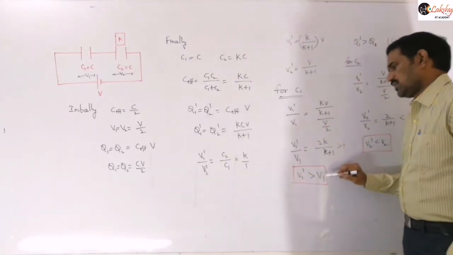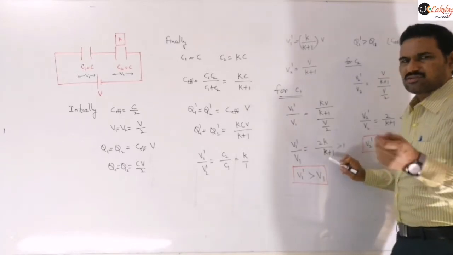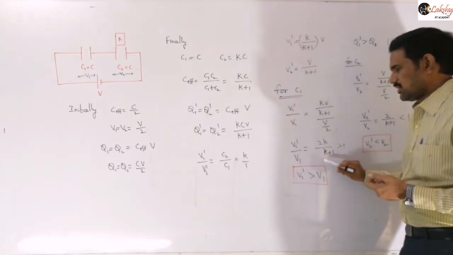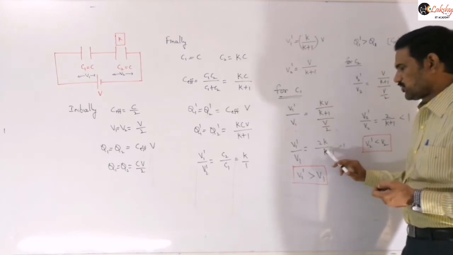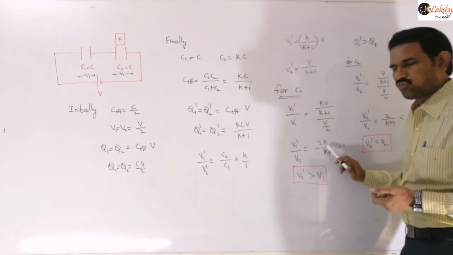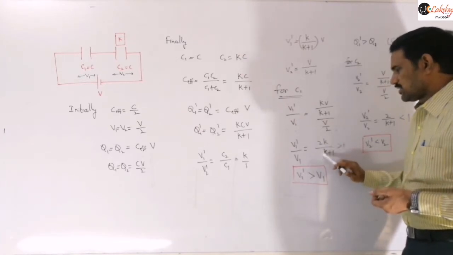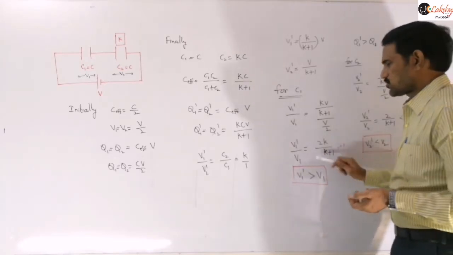So this ratio will be greater than 1. You can check by taking some values like 2, 3, 4. Suppose K is equal to 2, then the numerator is 4 and the denominator is 3, so 4 by 3 is greater than 1. If you take K as 4, then it is 8 by 5, which is greater than 1.